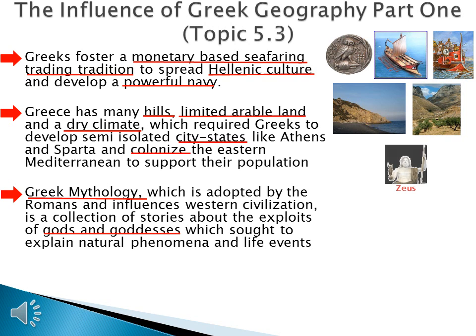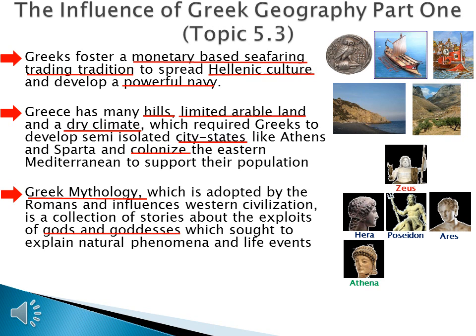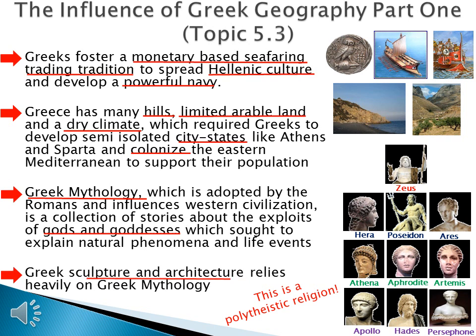They are Zeus, Hera, Poseidon, Ares, Athena, Aphrodite, Artemis, Apollo, Hades, and Persephone. In other words, this is a polytheistic religion. Finally, Greek sculpture and architecture relies heavily on Greek mythology. Go to the next slide.